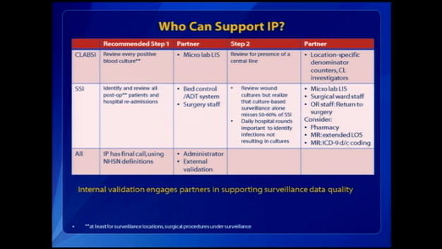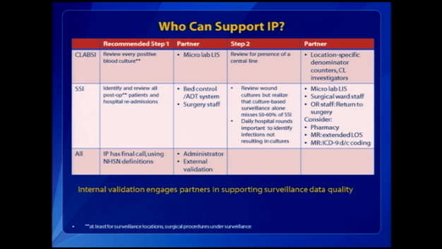But if you wanted to review central line status, perhaps you, as an IP, could approach your location-specific denominator collectors and ask them to keep track of where the central lines are that they've been collecting. Or perhaps work with nursing administrators to find a place in the medical record where on a daily basis there is documentation of the presence or absence of a central line, if that's not already in your medical record system. Because working on a systems level to improve these sorts of infrastructures can make your job simpler in the long run.